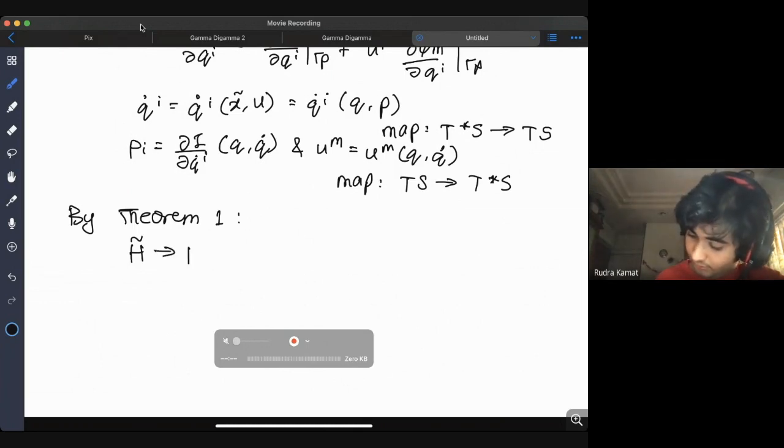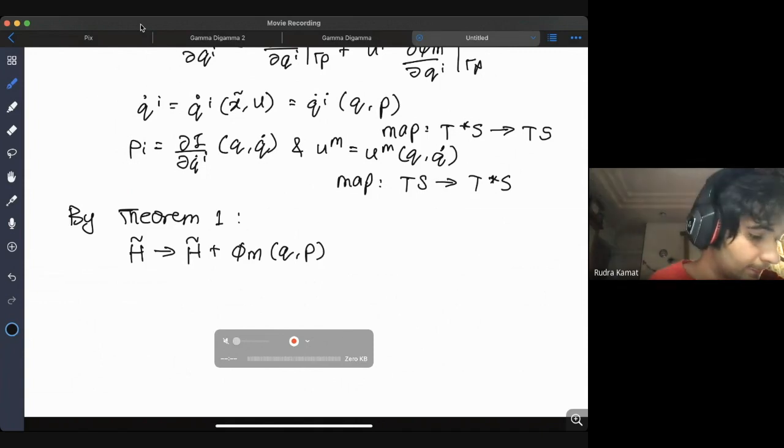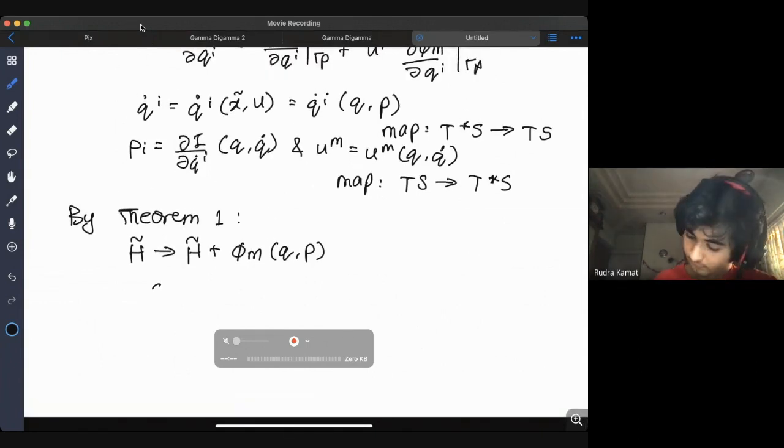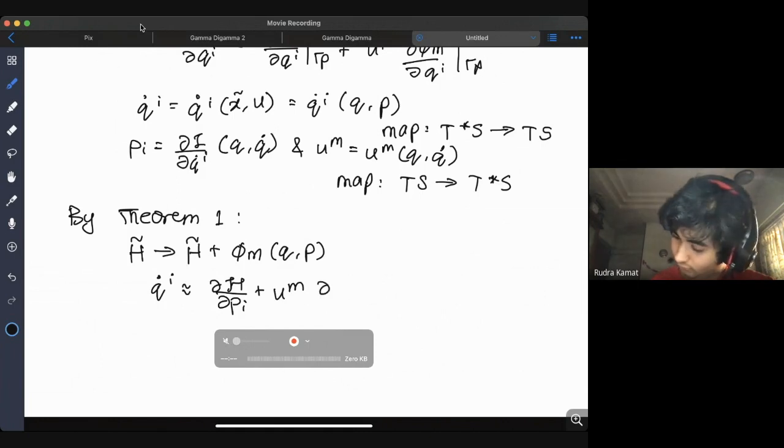But finally, by theorem 1, H tilde can be written as H tilde plus phi m, a function of q and p. q_i dot then just becomes the following. p_i dot is minus... phi m.